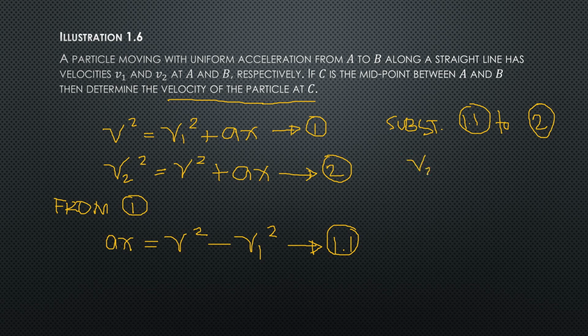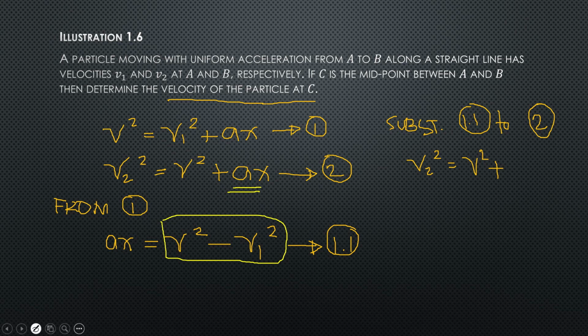So v2 squared is equivalent to v squared plus 2ax. Ax is this one now, so ax will be this one. So v squared plus v squared minus v1 squared.